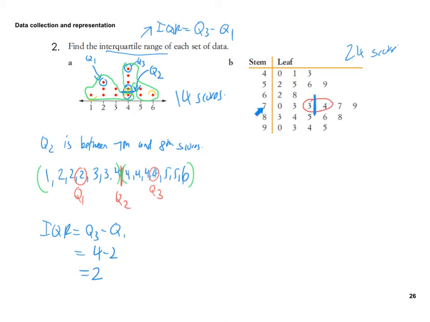So 73, 74. So this is going to be Q2. So Q2 equals 73 plus 74, all on 2, which is 73.5.